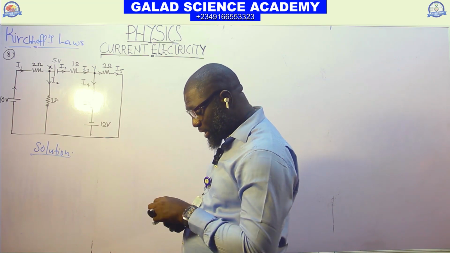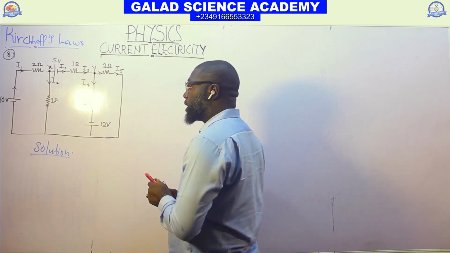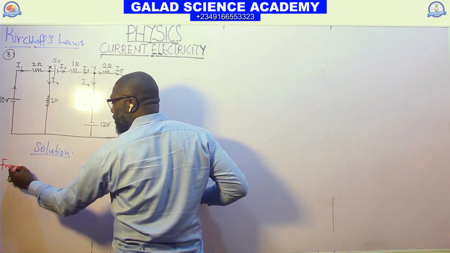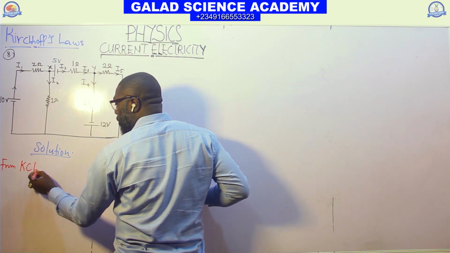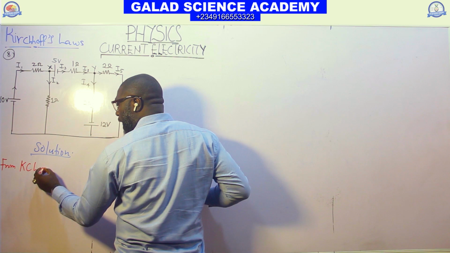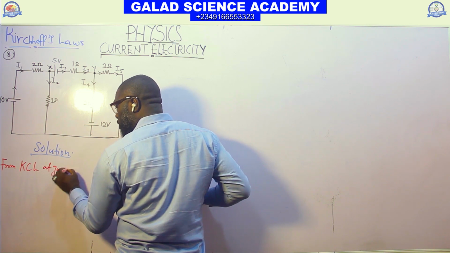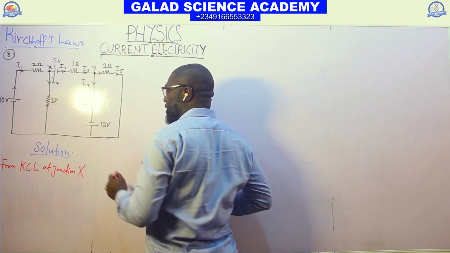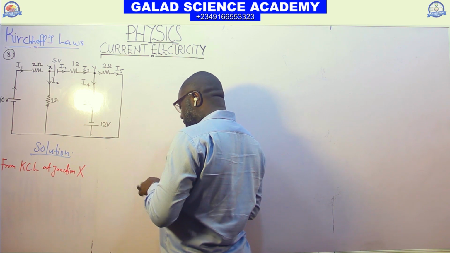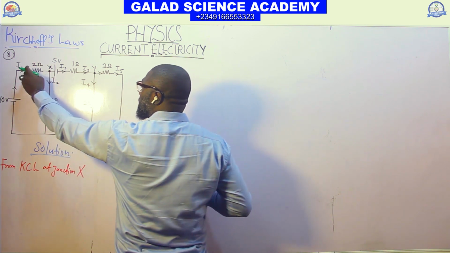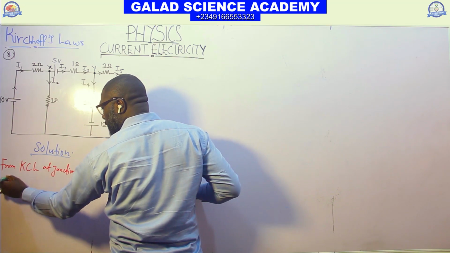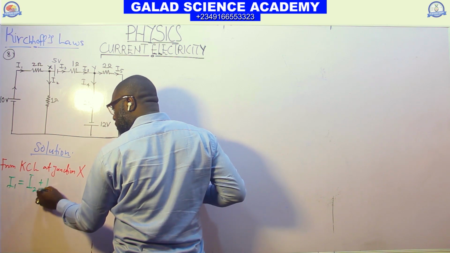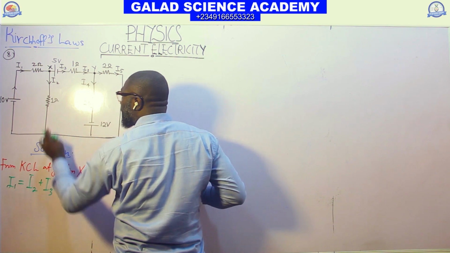So the first thing that we do is, from Kirchhoff's current law at junction X, we can have that this I1 splits to I2 plus I3.